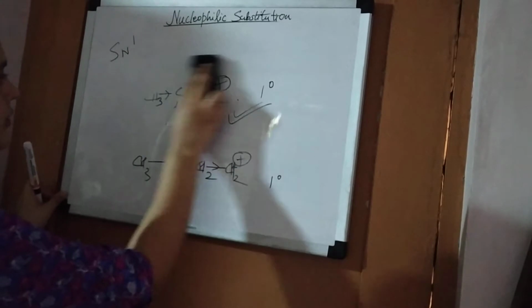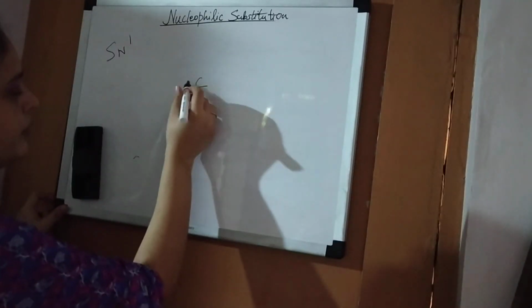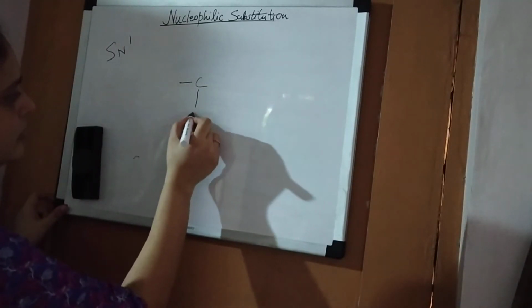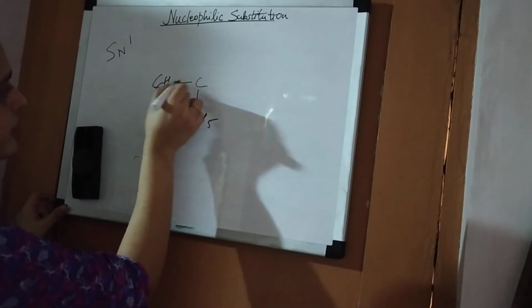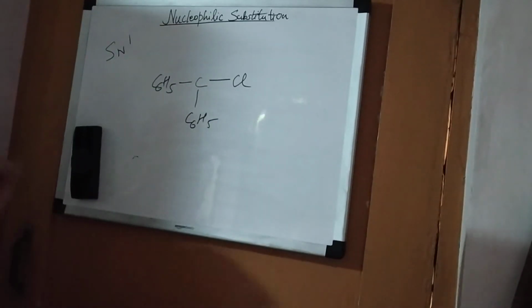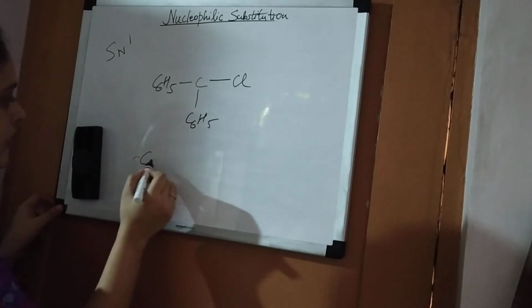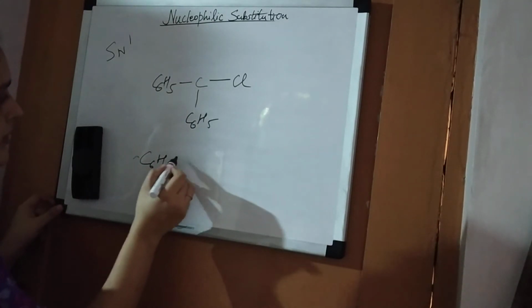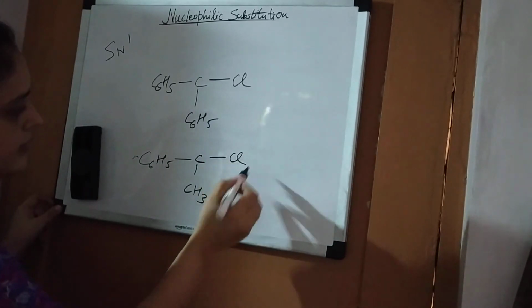Now the next question is, if you are given a compound C6H5, C6H5 and Cl, or any other alkyl halide, and here C6H5, C, CH3 and Cl.